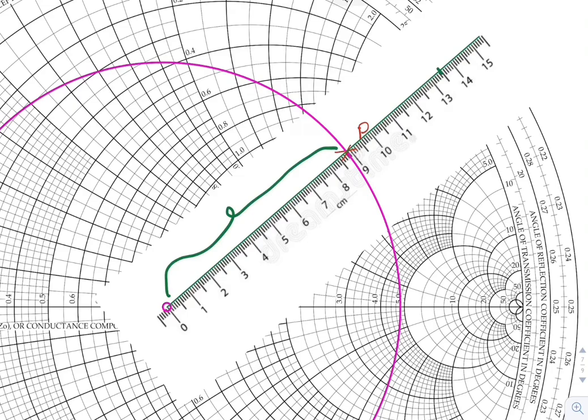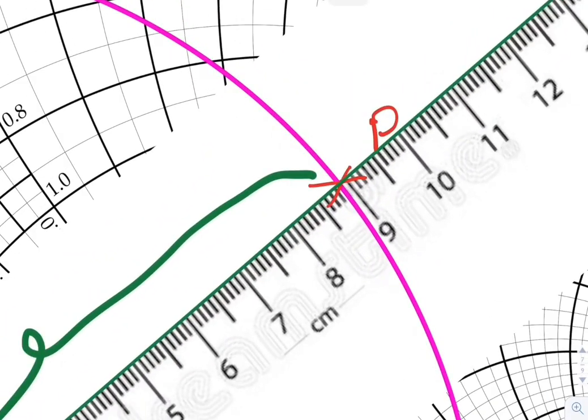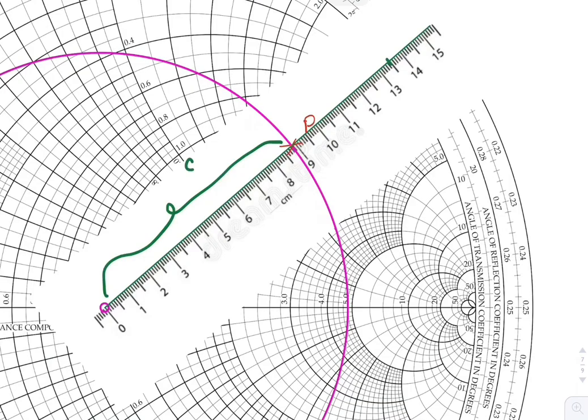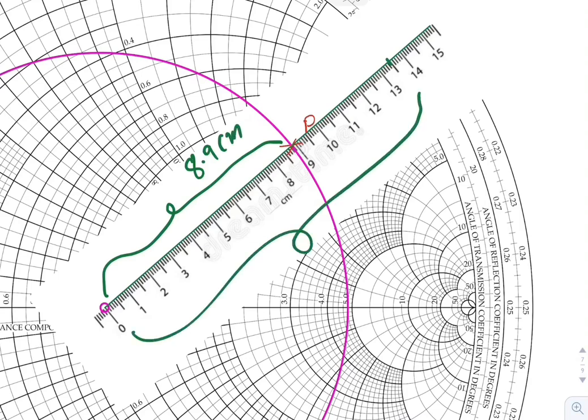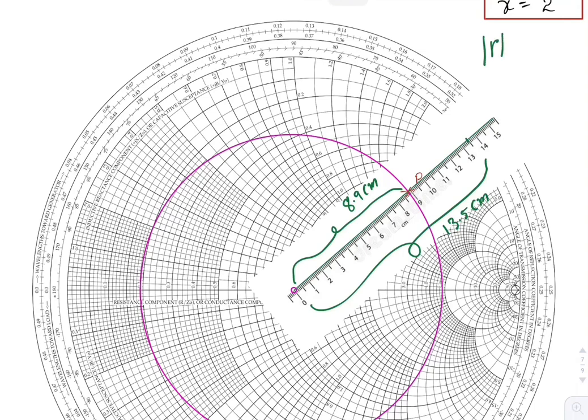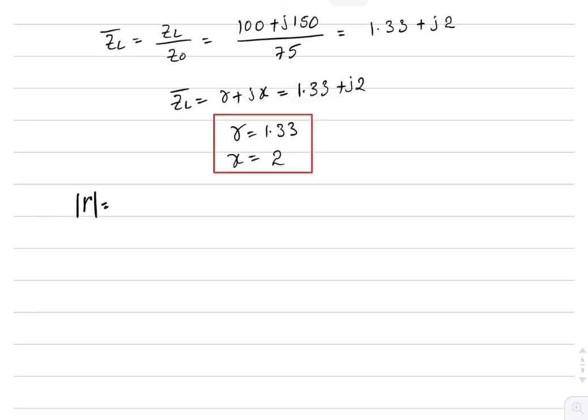This distance is 8.9 centimeters and this distance is 13.5 centimeters. Therefore, magnitude of reflection coefficient equals 8.9 by 13.5, that equals 0.659.